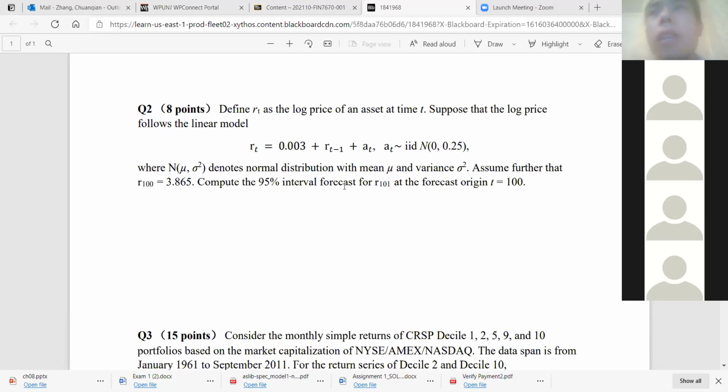And a 95% interval basically means that if you know the normal distribution, it's about 2 times sigma, the standard deviation, right? You will know that range will be the confidence interval of 95%. I also give the solutions. If you have any difficulty understanding, for example, what I mean by a 95% interval forecast, you'd better contact me to recover the knowledge in these periods.